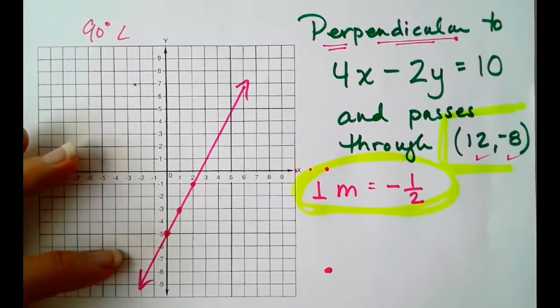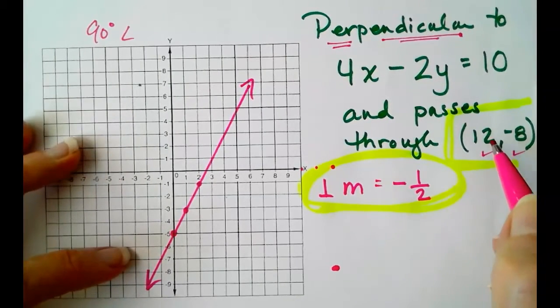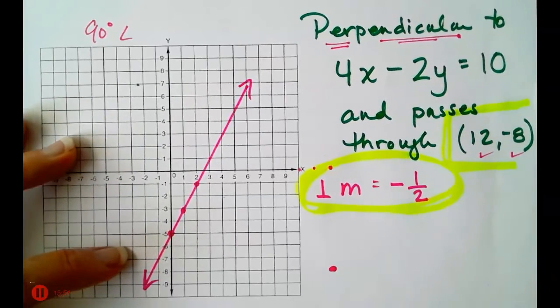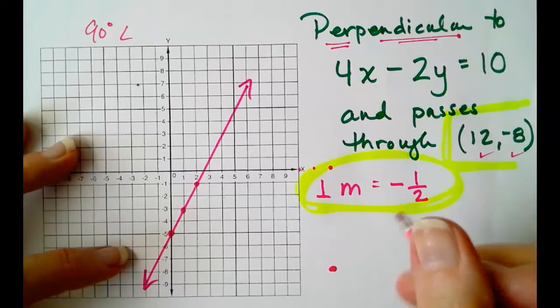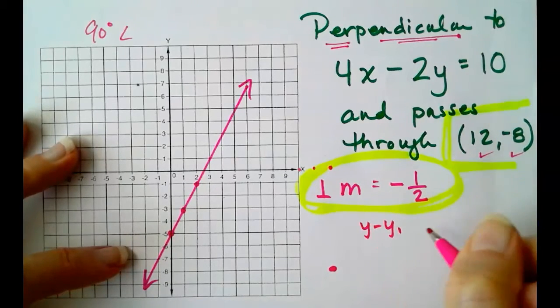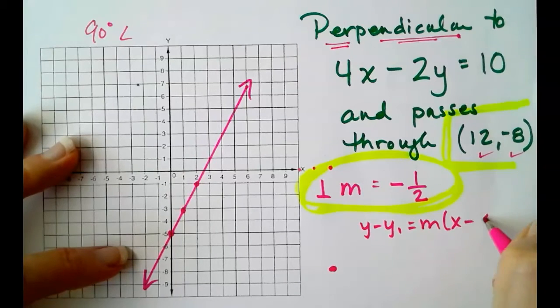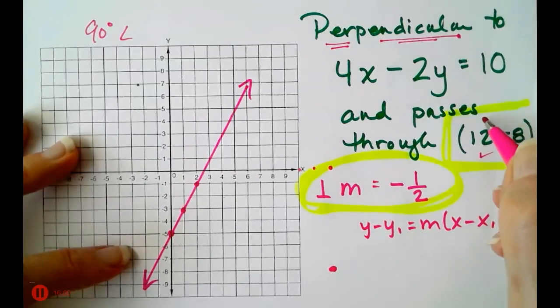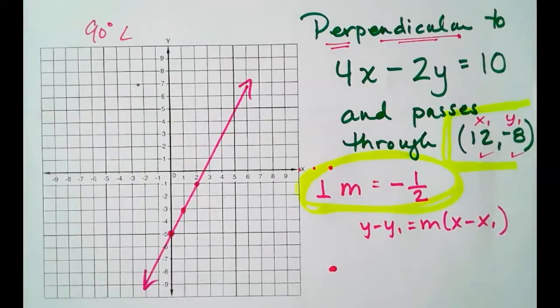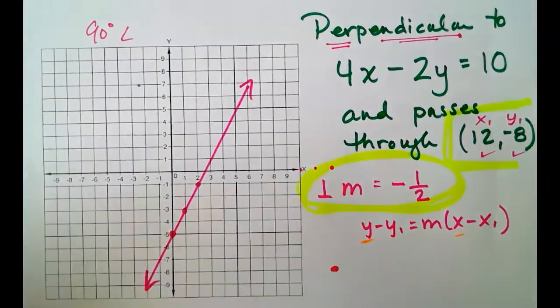So we are going to plug in our point and our slope into the point slope form of the line. So y minus y1 equals m times x minus x1. So this is our x1, this is our y1, this is our slope. Recall, this y and this x are open variables.